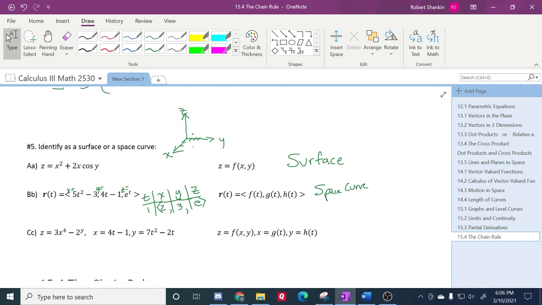Now, since this one is much more complex than the first two and new to us, does anybody have any insight that would lead me into deciding whether this is a surface or a space curve? I would say we should look at the domain of some of these functions.